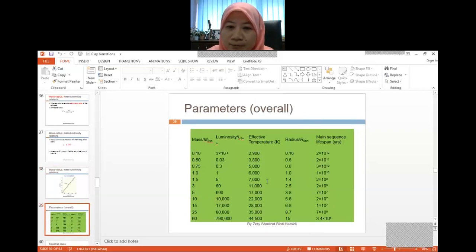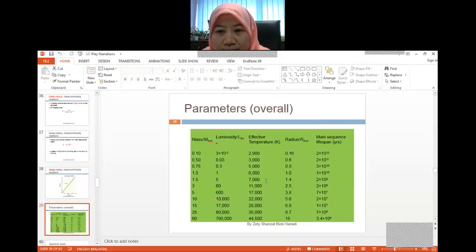So from there, we can put the range for each star compared to the solar masses for all categories of the parameters such as the luminosity, the effective temperature, the radius, and also the main sequence lifespan.